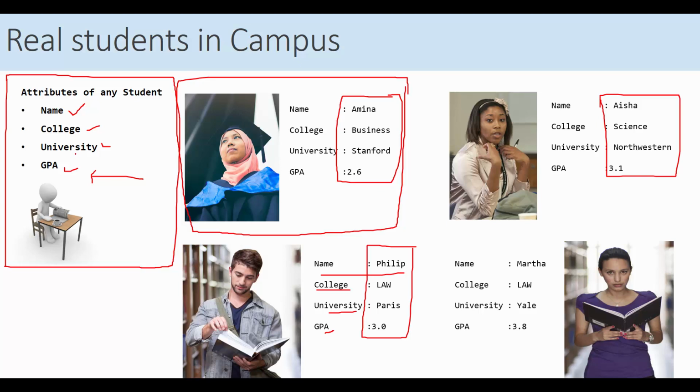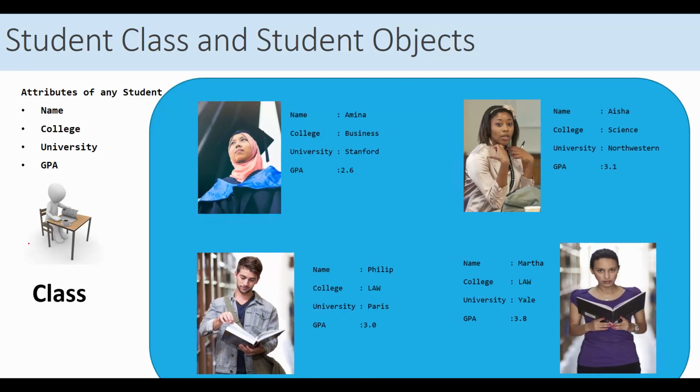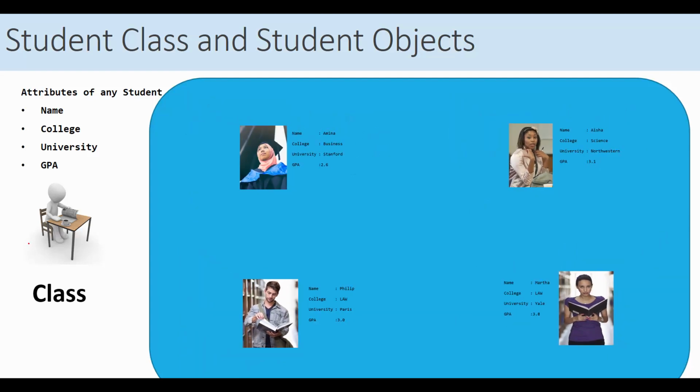So if we look at this picture now, we would say the four students you see on the right side are objects that are created from the student class, and they all have the same attributes defined in the student class, but with different information. Let's do this in code in Eclipse.